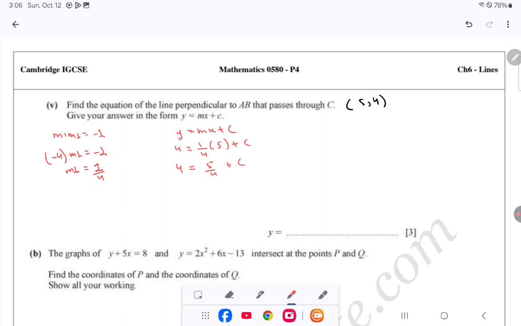Subtract 5 over 4 from both sides. 4 into 4 is 16, minus 5, over 4 is equal to c. Now 11 over 4 is equal to c. Put the values. Y is equal to m, which is 1 over 4, x plus 11 over 4. This is our perpendicular line equation to AB and passes through the point C.